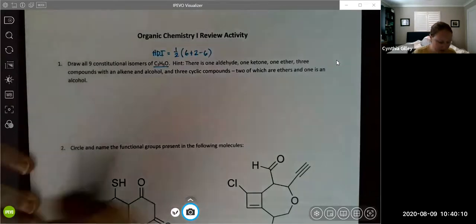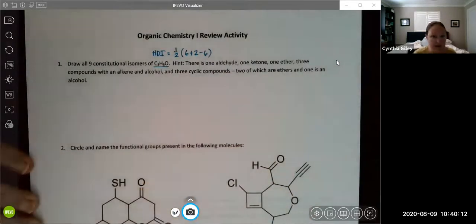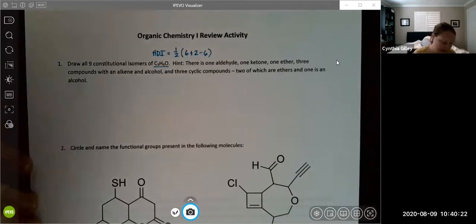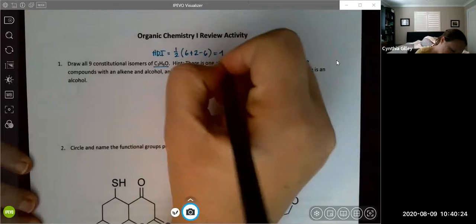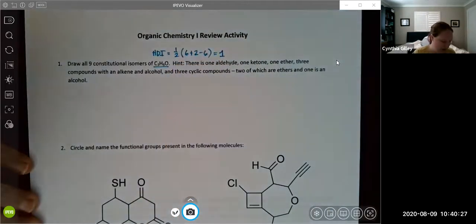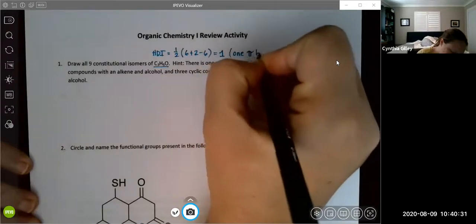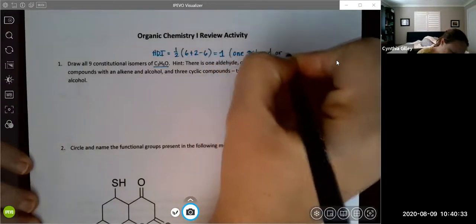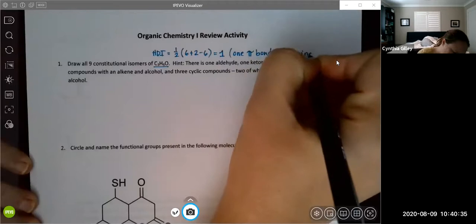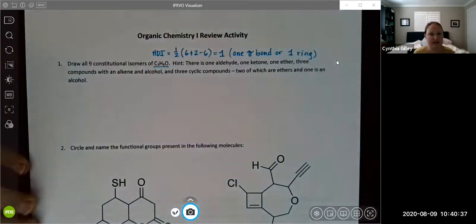We would have additional information if we had any halogens or nitrogen, but the number of oxygens doesn't change the hydrogen deficiency index. So this is 1/2 of 2, which is 1, and that tells us that there will be 1 pi bond or 1 ring in each compound that matches this formula.